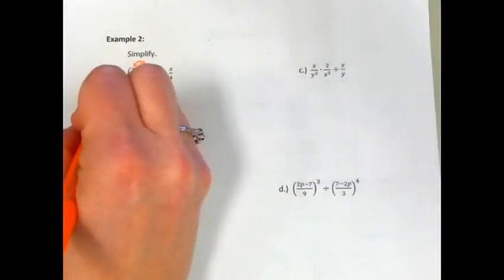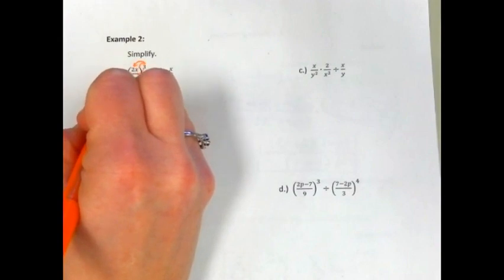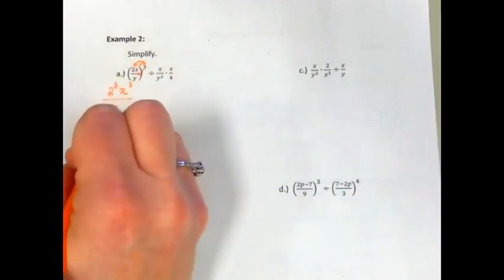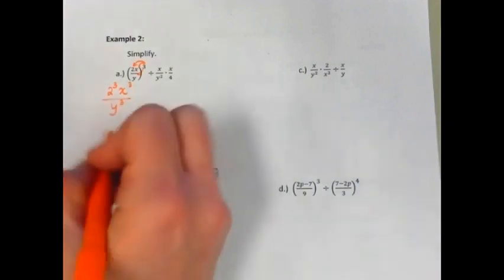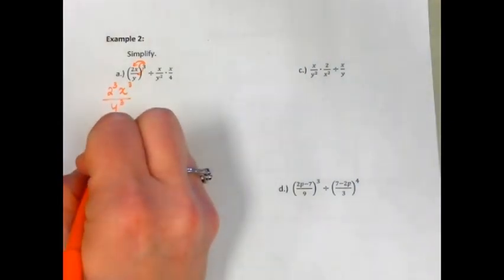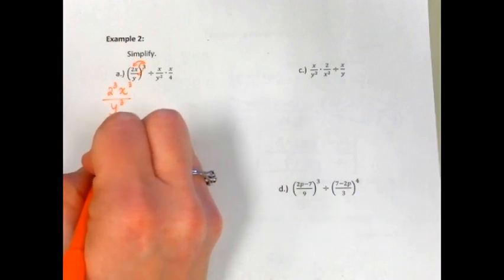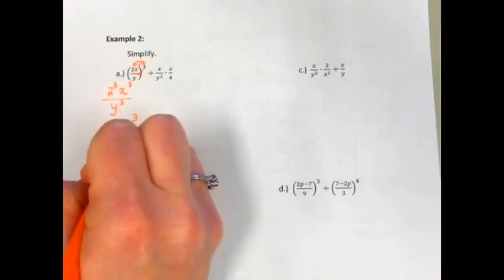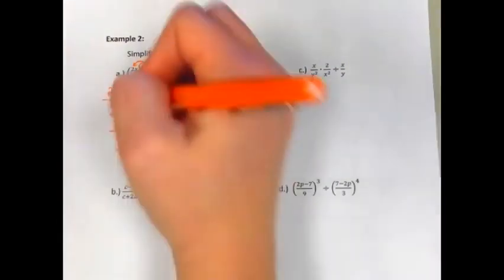So 2 to the third, x to the third over y to the third. Well, what is 2 to the third? What's 2 times 2 times 2? 8. X to the third over y to the third. Okay. So this is what that is.